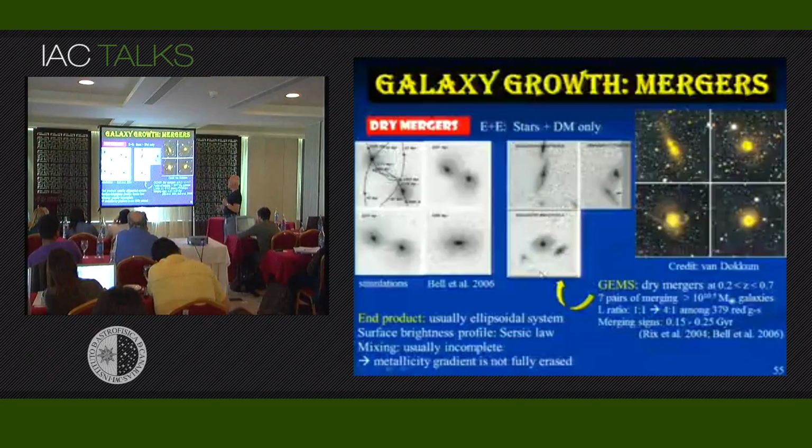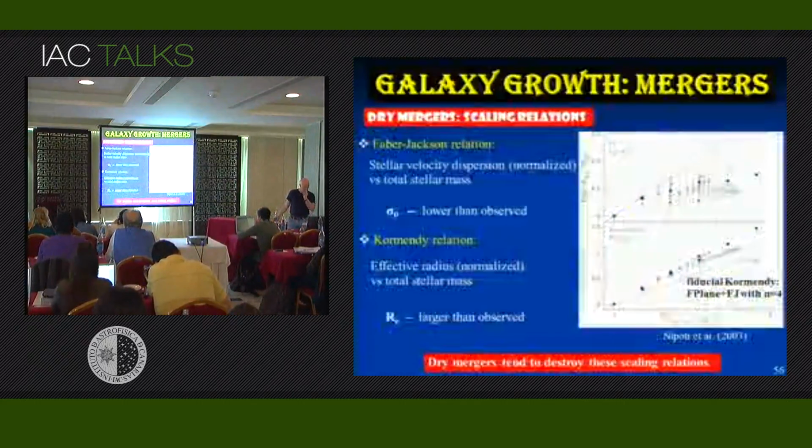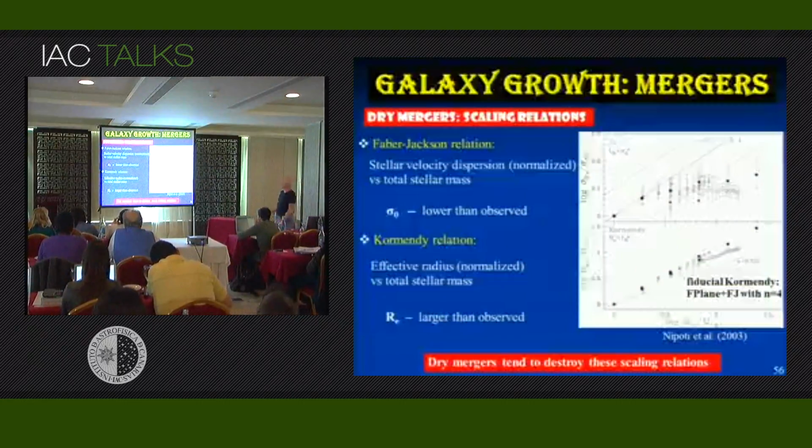Not many, but nevertheless, some of them look like disks, apparently without a cold gas component, and some of them look like ellipticals. But the important point is that numerical simulations in this case predict that merging of such systems will lead to spheroids. End product.